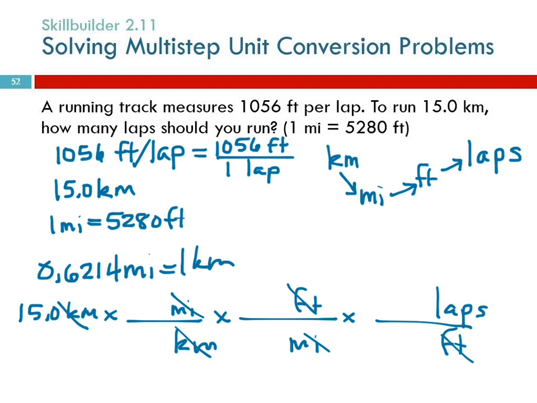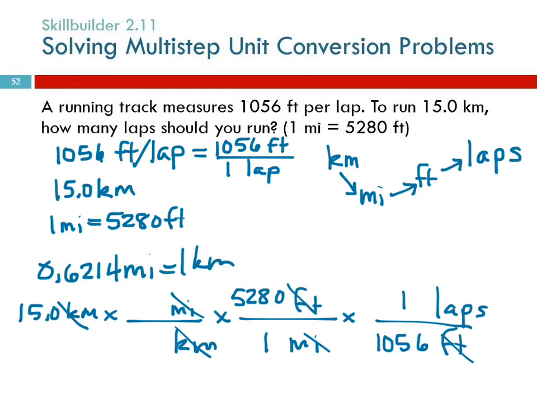Units are working out. Need the numbers. Well, 1,056 feet per lap. It's easier when we write it like this. 1,056 is with the feet, so 1,056 goes on the bottom. That's 1 lap. 1 mile, 5,280 feet. 5,280 goes with feet, 1 goes with mile.